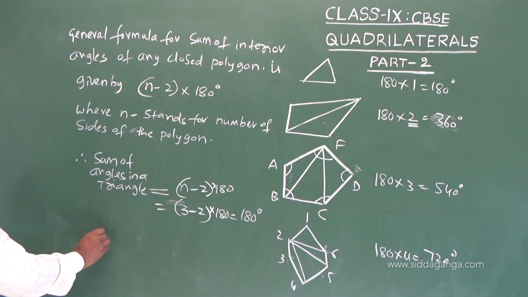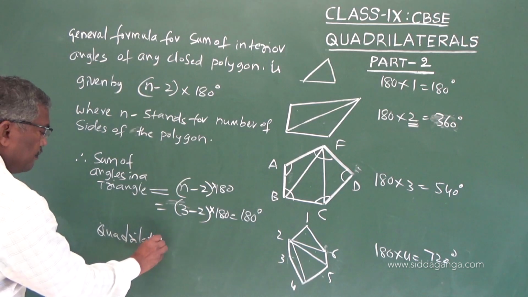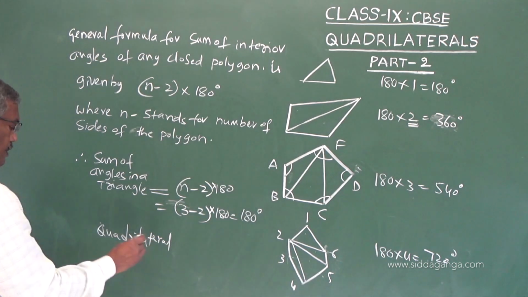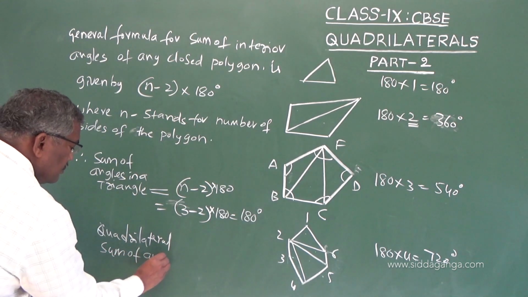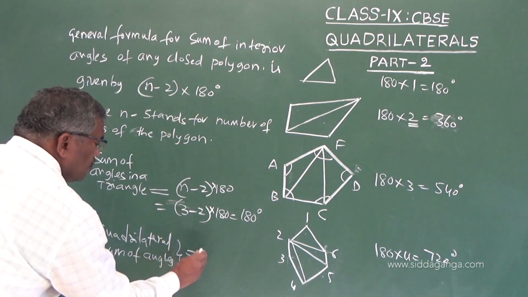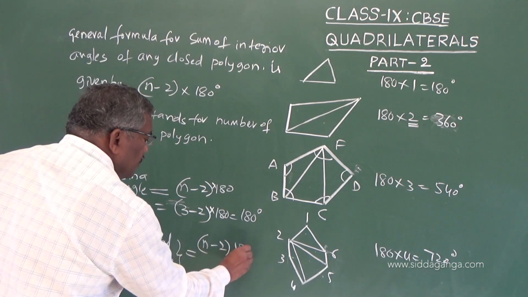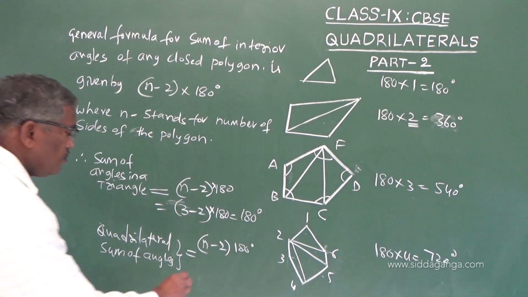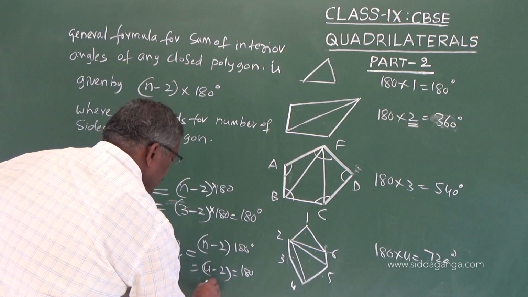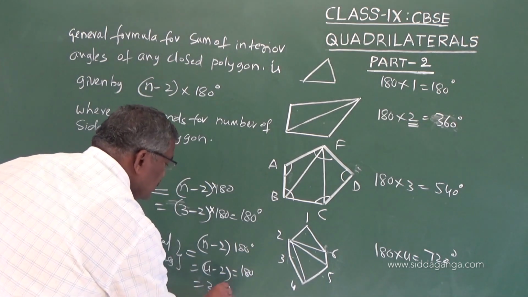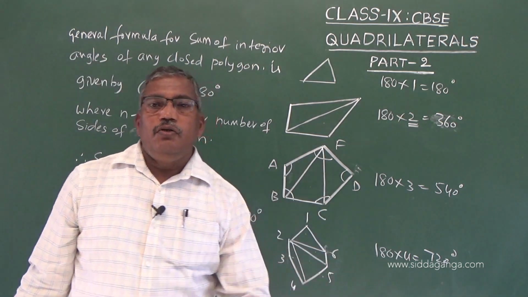Now for a quadrilateral, using this formula, the sum of angles is equal to n minus 2 into 180, the general formula. n is 4 here, so therefore 4 minus 2 into 180, that is equal to 360 degree. So similarly for pentagon, for hexagon, you can write.